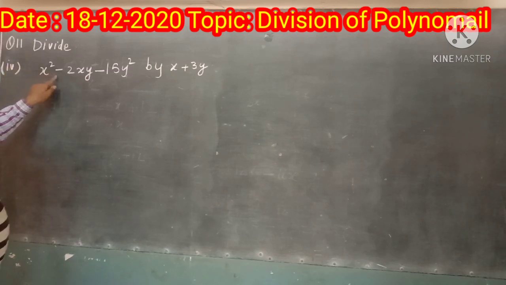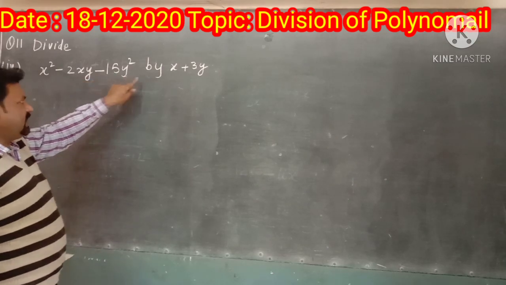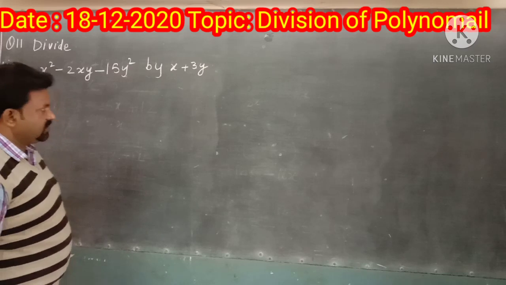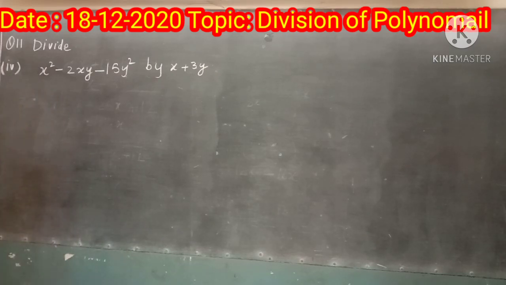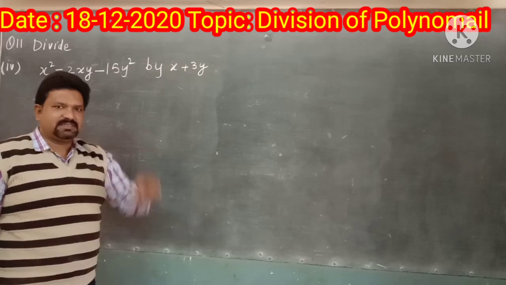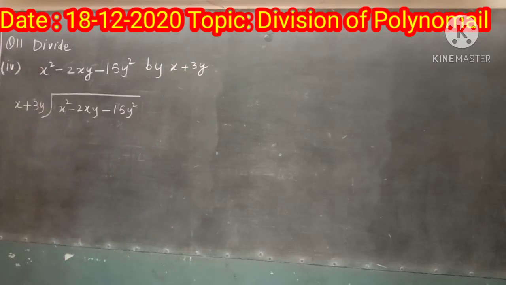Divide x square minus 2xy minus 15y square by x plus 3y. In this question we will use the same method, because the dividend and the divisor both are algebraic expressions.